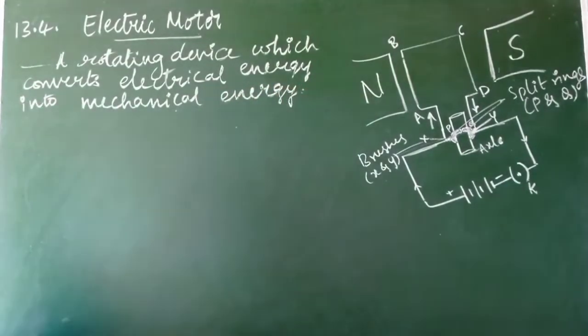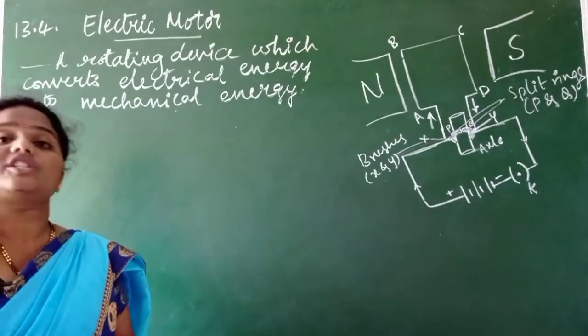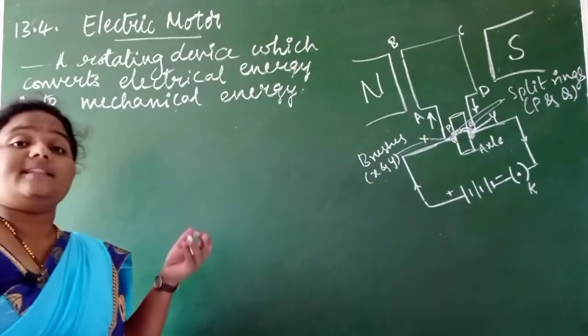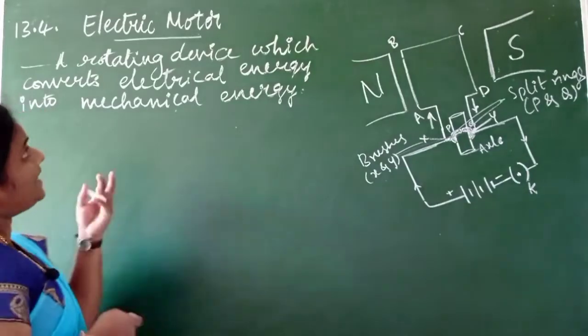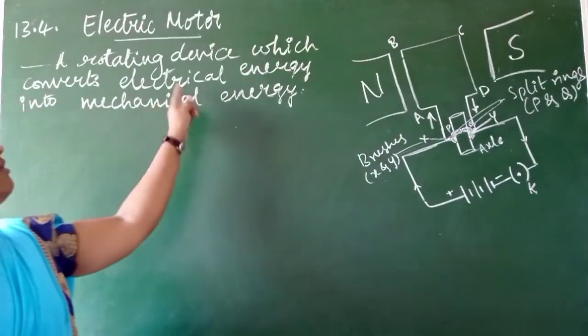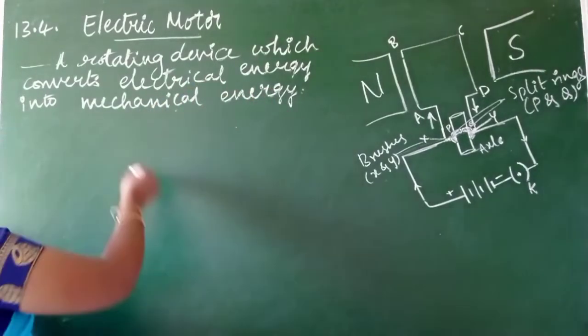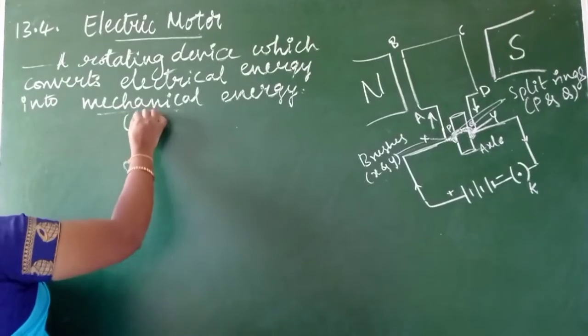Then where can we use this? For example, you can use the electric motor in fans, refrigerators, washing machines, isn't it? Then in pump sets and coolers, the electric motor is widely used, children, in order to convert electrical energy into mechanical energy. Here you can take it as rotation, children.